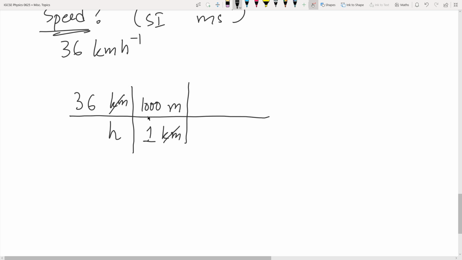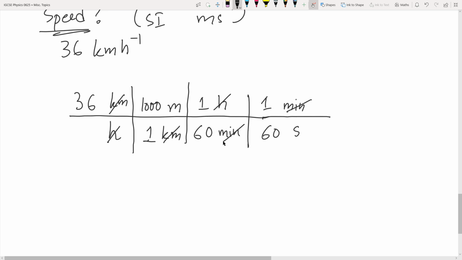And for hours, I need to divide by 1 hour, but 1 hour is equal to 60 minutes, and I need to get to seconds. So again, I will convert minutes into seconds. It would be 1 minute having 60 seconds. So minute is also crossed off.